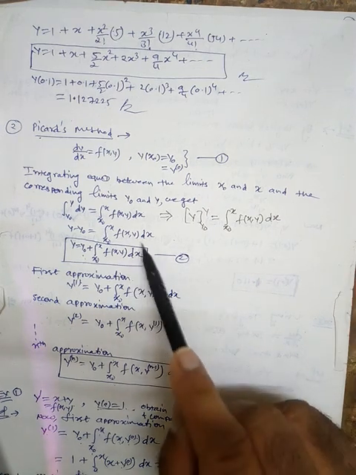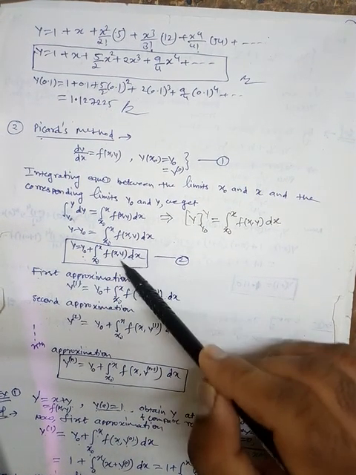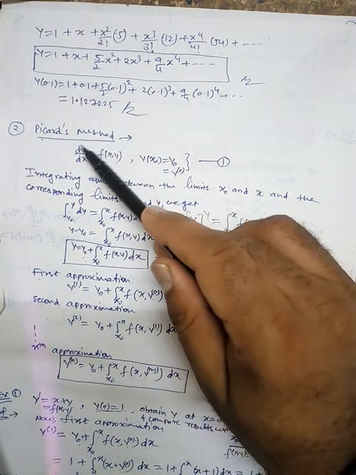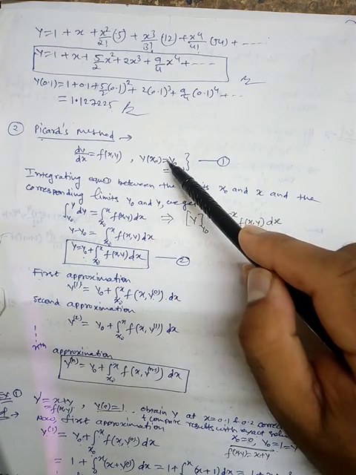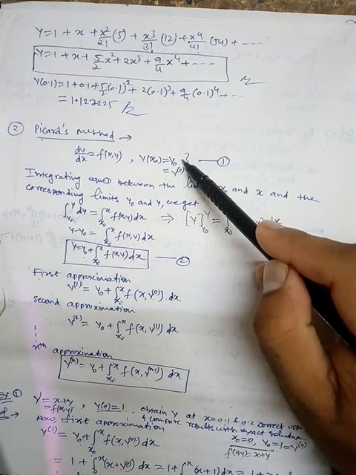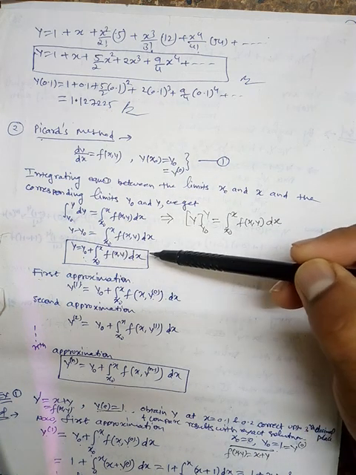Fine. Now when you solve this integral, you will see the difficulty is that y is unknown. We don't have any information about y. We have only the information regarding the initial condition. So here y is unknown. So how to find this? This is the difficulty.